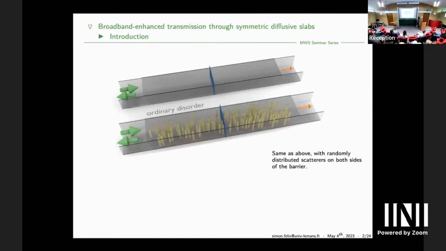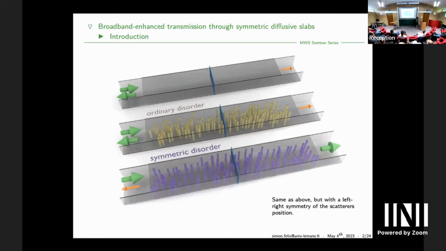Now on both sides of the barrier I add diffusive disordered media, two slabs of randomly distributed scatterers. Naturally I accumulate the opacity, so it is more opaque than before. No surprise.